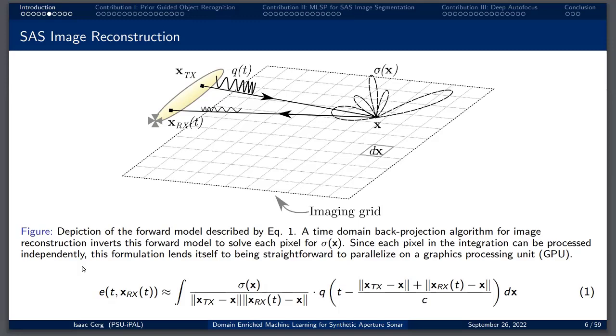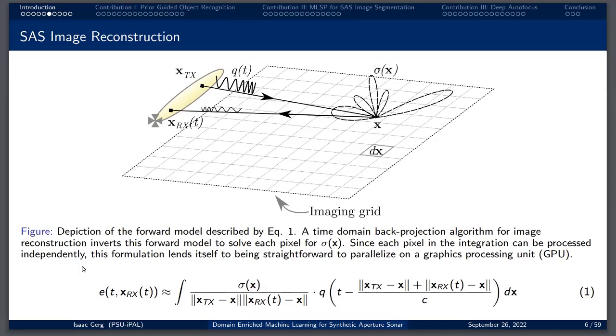That reflection is then going to come back to the receiver. I'm going to repeat this process for several different pings, and essentially you can think about the backscattering at this pixel being this sigma here. The rest of this is just cranking through match filtering and geometry, but essentially for each ping, I'm going to end up with this time series.